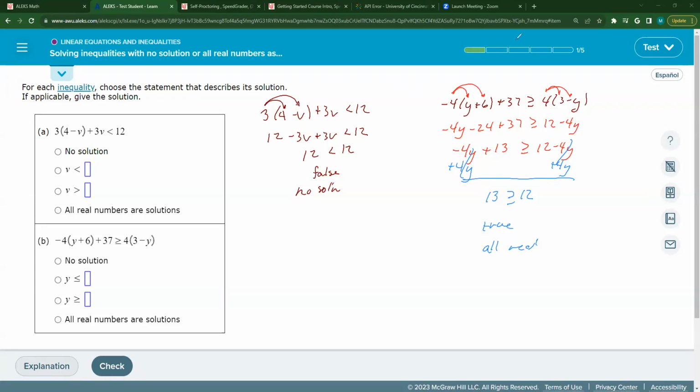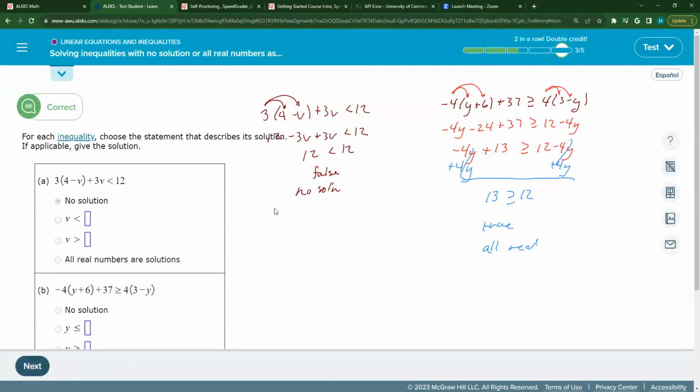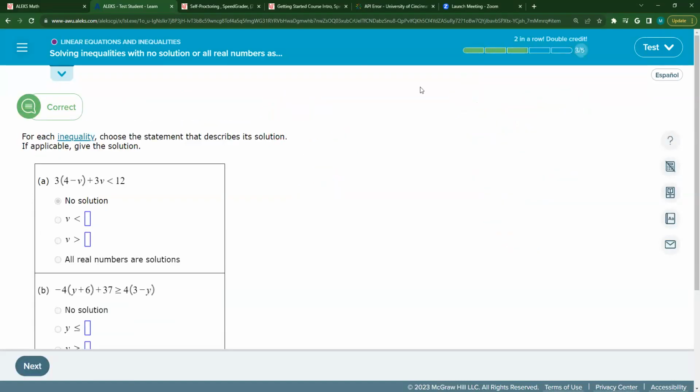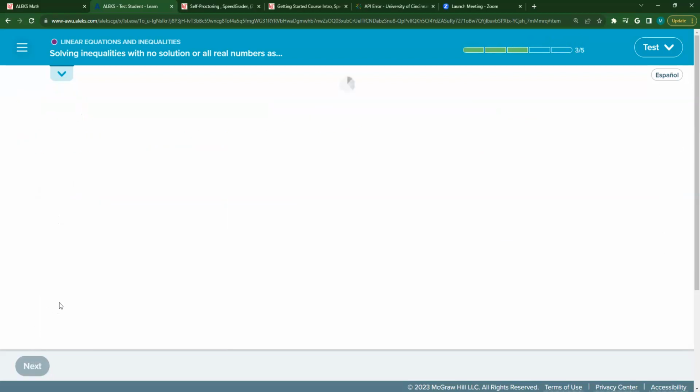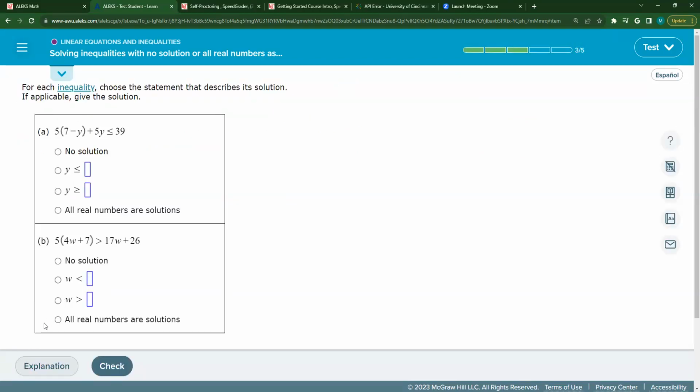And we will put our answers in. So we had no solution for the first one, all real numbers for the second one. Save our work, check our answer. And then we have just one more to do, and we will be done with this topic as well. All right, so we have 5 times 7 minus y plus 5y is less than or equal to 39.